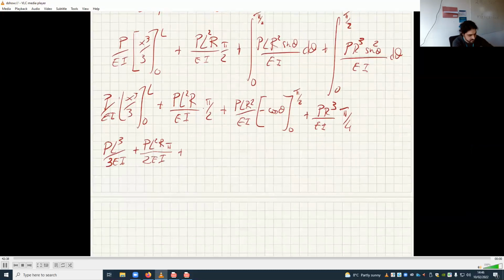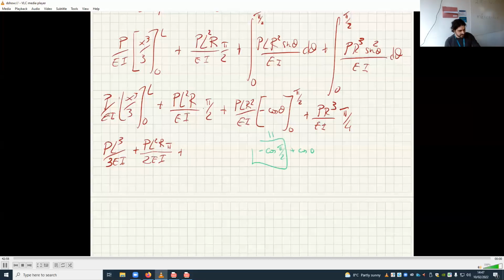Plus, now cosine of theta is 0, so this here becomes minus cosine of pi divided by 2 plus cosine of 0. Do you agree? And so this is 1, because this thing is 0 and this thing is 1. So basically, I can just say this thing is 1.